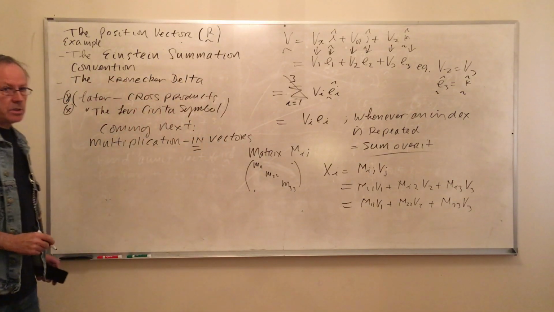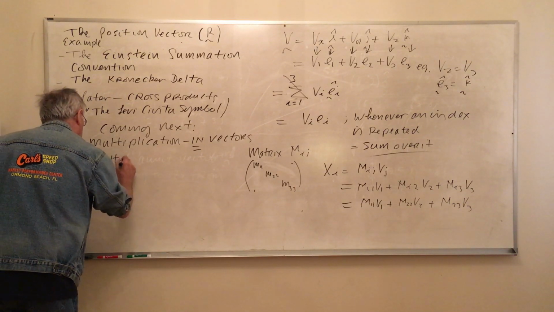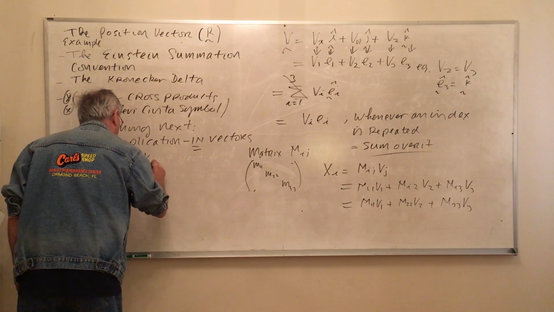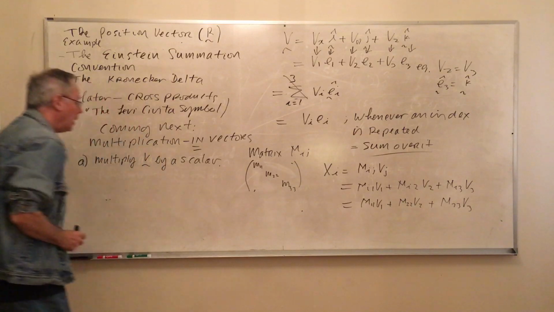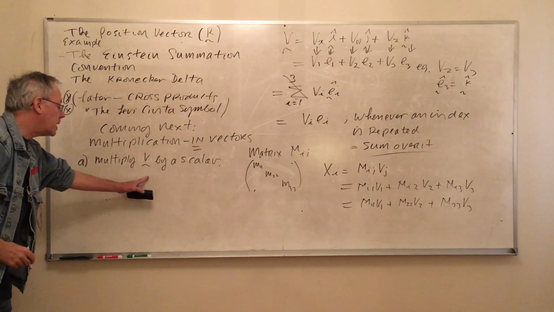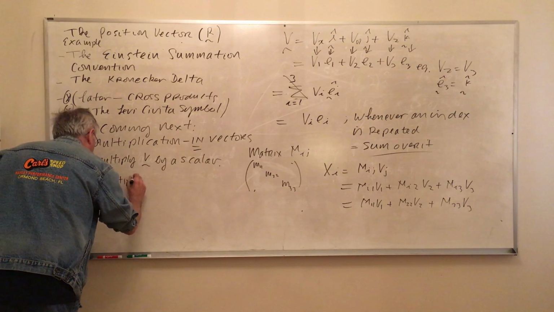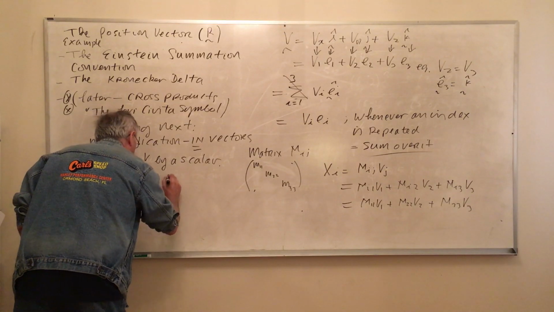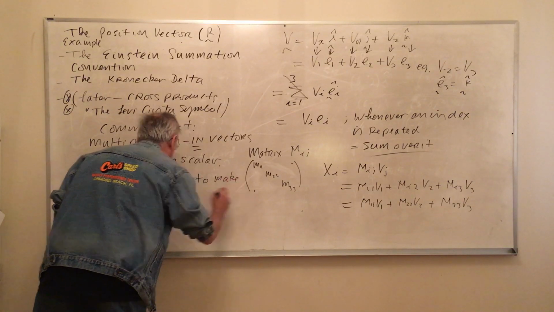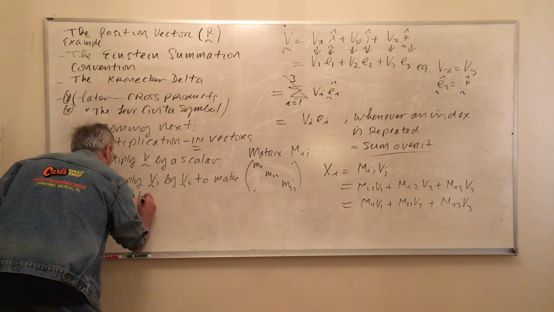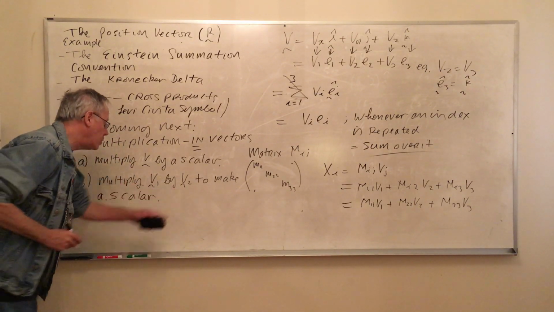I use the word in vectors because there are three. There's a scalar, multiplying by a scalar. The next way to multiply a vector is to multiply vector 1 by vector 2 to make a scalar.